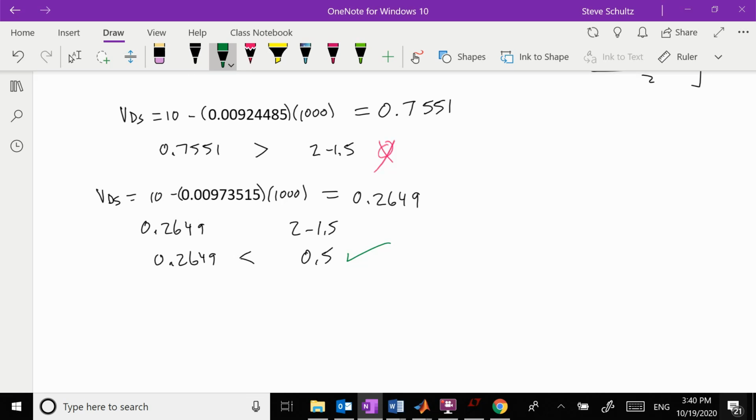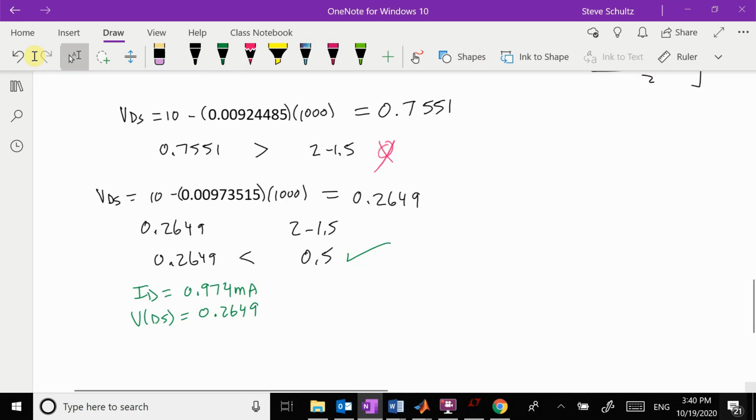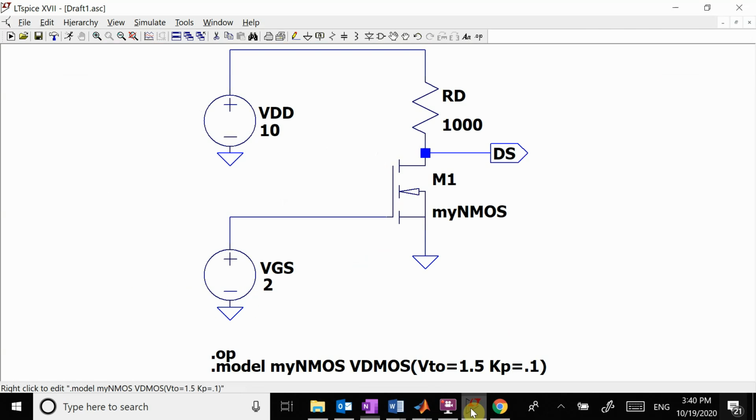So that means our answer is ID equals 0.974 milliamps, and VDS is equal to 0.2649. Okay, let's go to LTspice to check this. So we go over here, we change that to 1,000, and we run this.